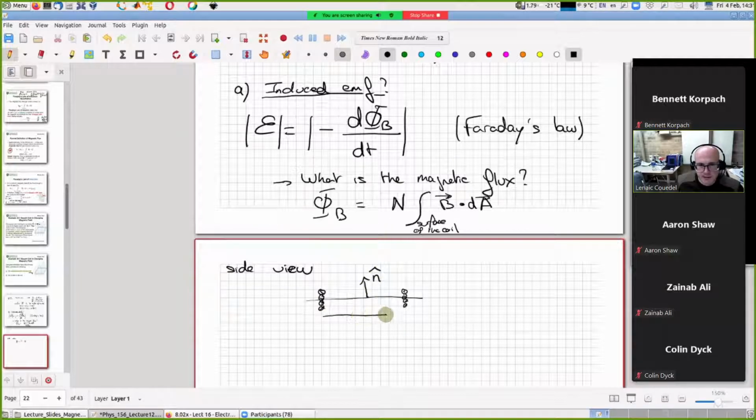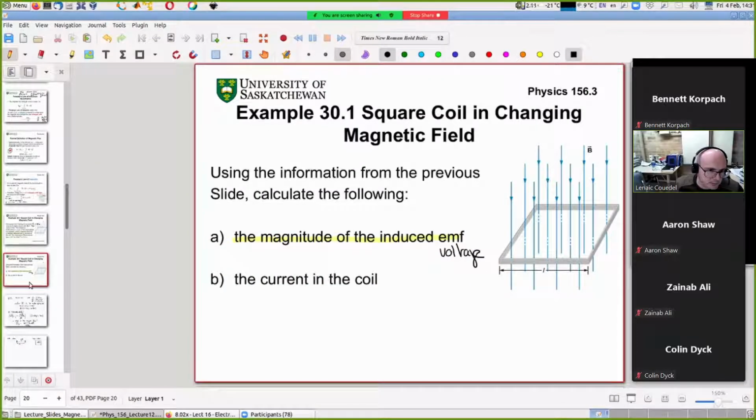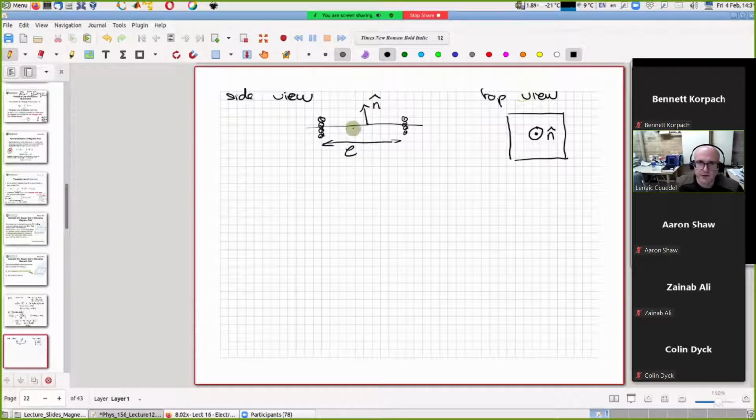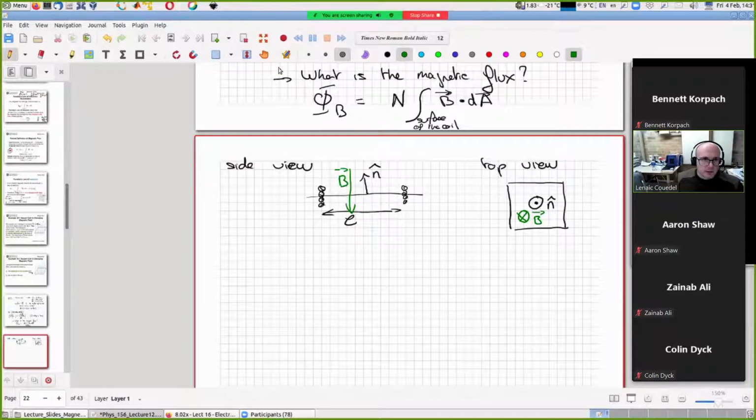Here I have a length L, and if I do a top view, I will have something like that, with my n hat like that, and the B is going down. So the B in the side view will be something like that, and in the top view, the B will be across. So what is the value in that case of my magnetic flux?